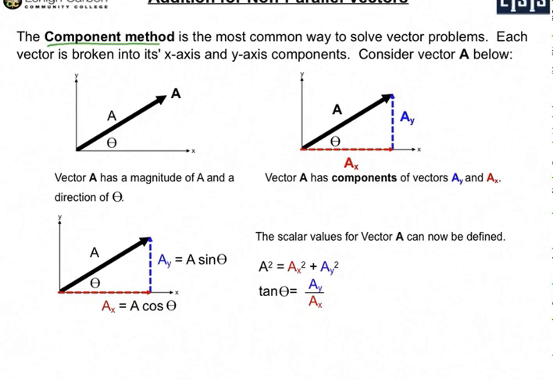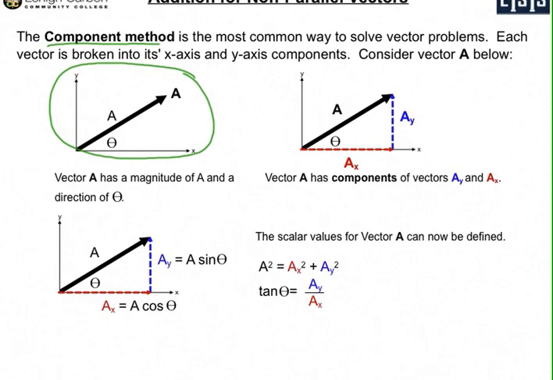So you're going to start, if you think about here, you have a vector. It's at some angle theta, and it has a magnitude, or the scalar quantity of A. So you can define this vector A as having a magnitude of A and a direction of theta.